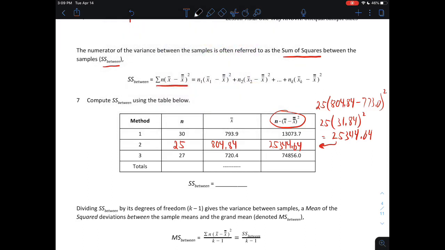If you were feeling adventurous and you wanted to calculate these on your own, for method 1, you should actually get 13104.3. And for method 3, you should actually get 74702.5.